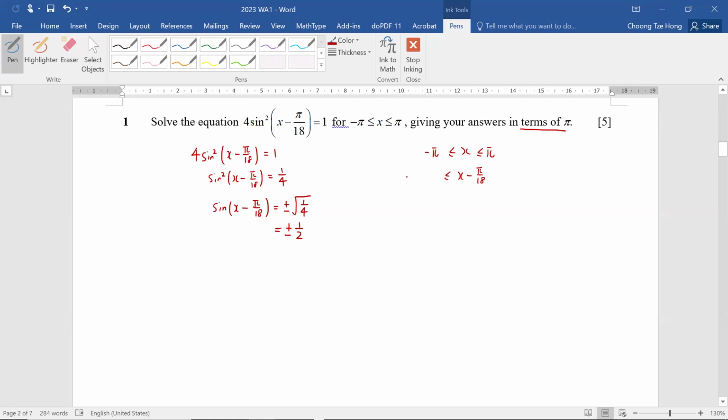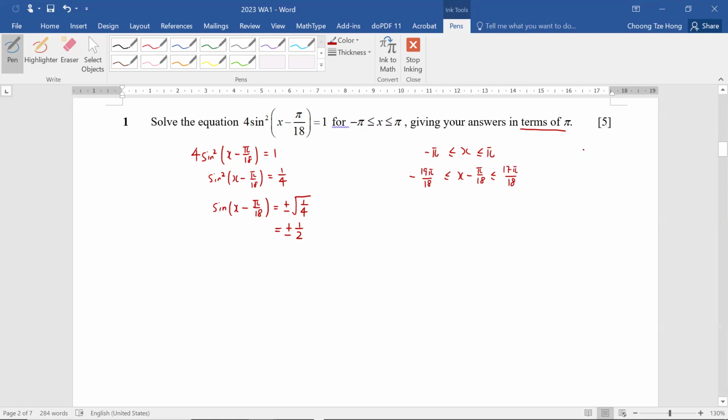If you take negative pi minus pi over 18, you'll get negative 19 pi over 18. Then if you take pi minus pi over 18, you'll get 17 pi over 18. So we are searching from negative 19 pi over 18 to positive 17 pi over 18.